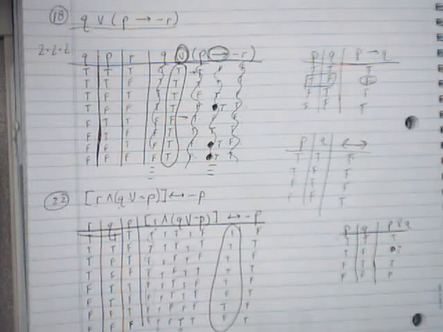So this says row number 2. Number 18 in the back of the book has the evens in it. There should be a false in the third row. It doesn't make much sense now, because we did it exactly the same way on number 22 and got it right.